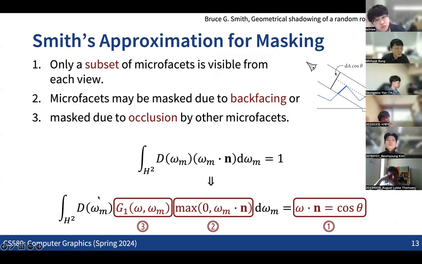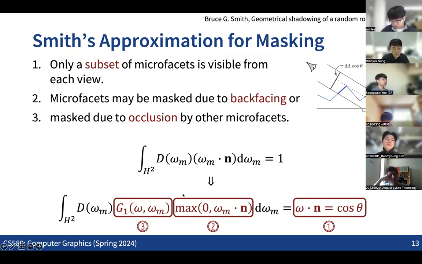So this is another condition that we are considering for the definition of the microfacet distribution function D here. And as you can see, once we define the distribution function D, then from this constraint we can also derive the masking function G1 as well. So that's what we are going to do.